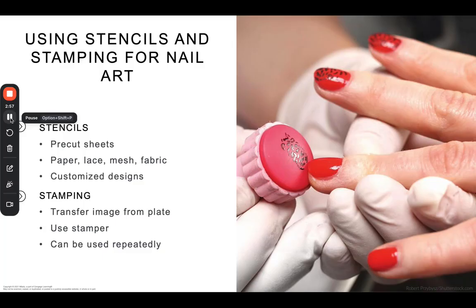Then scrape away any excess color with a flexible plastic stamping scraper. This will leave behind the color in the design only. You will then press the silicone stamper onto the plate over the design to pick it up, and then press the stamper onto the nail to transfer the design. Unlike stencils, stamping plates can be used over and over.